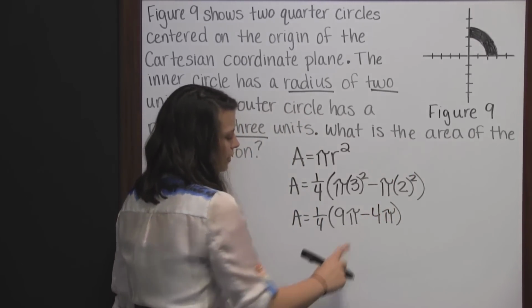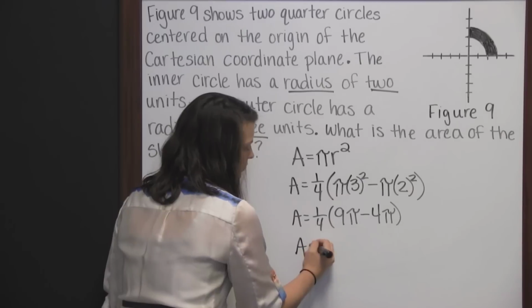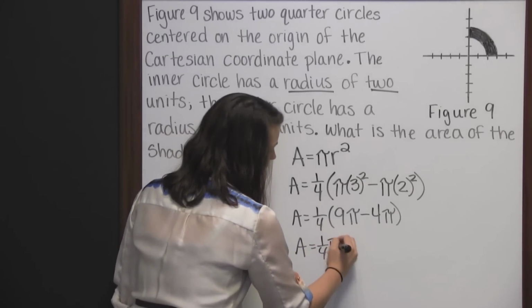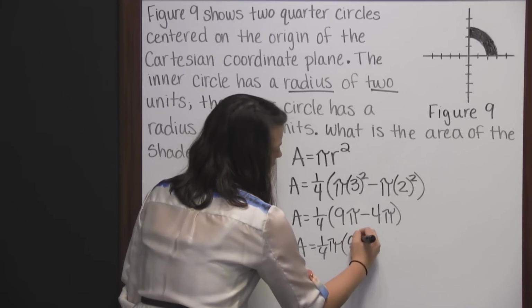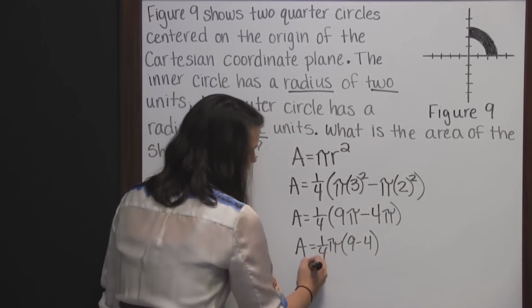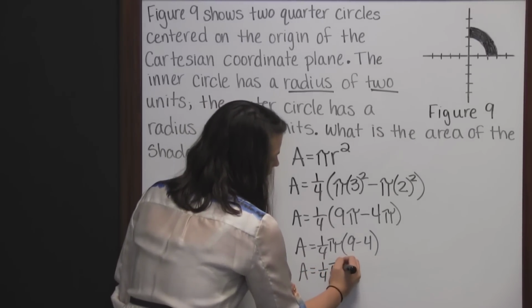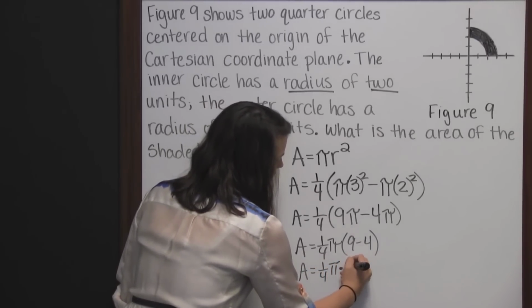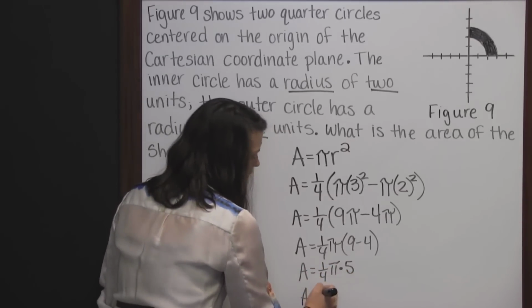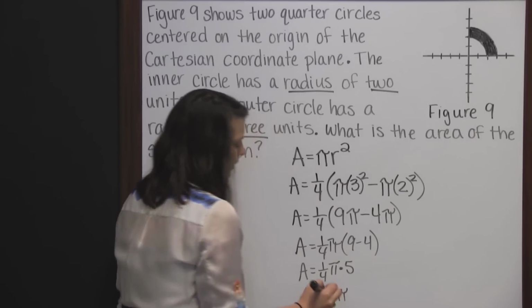Now since each one of these terms has a pi in it, we can factor the pi out. So we get area equals 1/4 pi times the quantity 9 minus 4. And then we can simplify 9 minus 4, so we have area equals 1/4 pi times 5. And 1/4 times 5 is 5/4, so that's 5/4 pi.